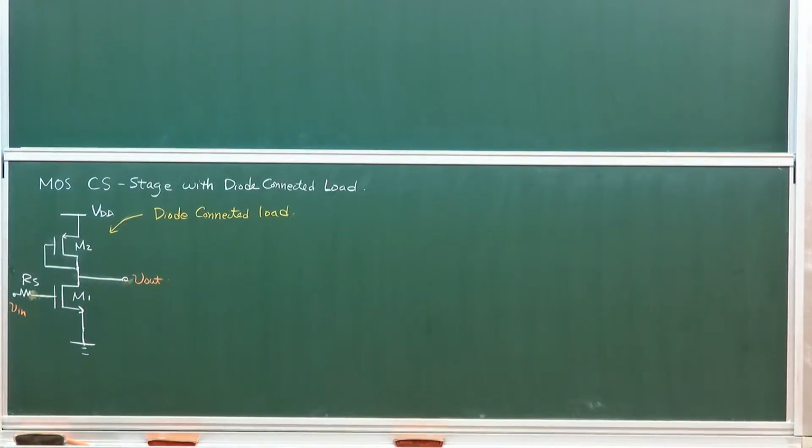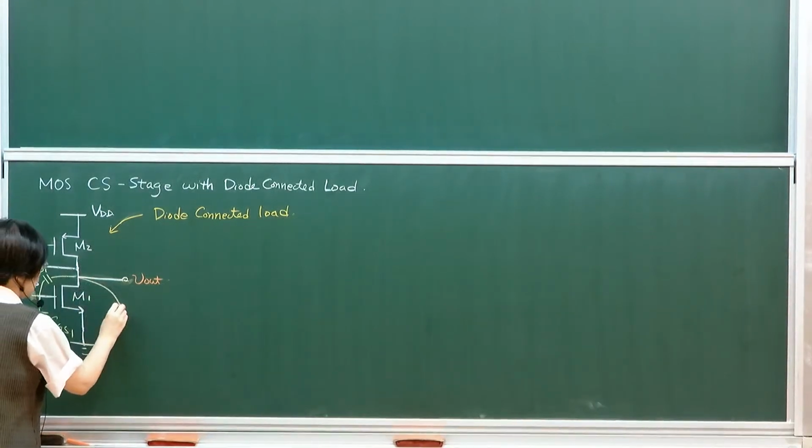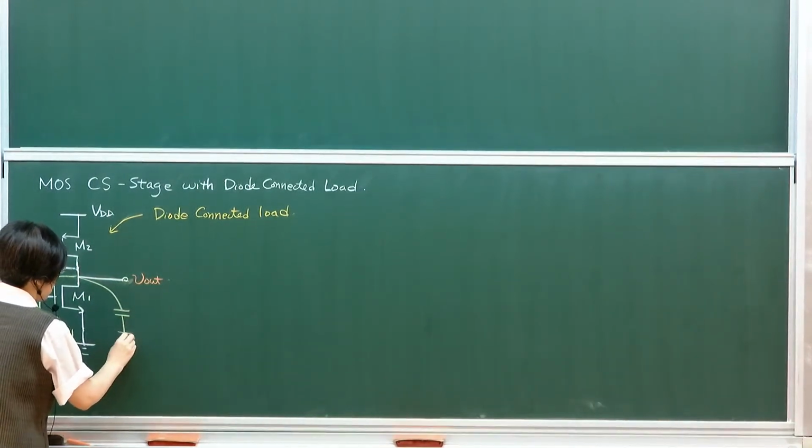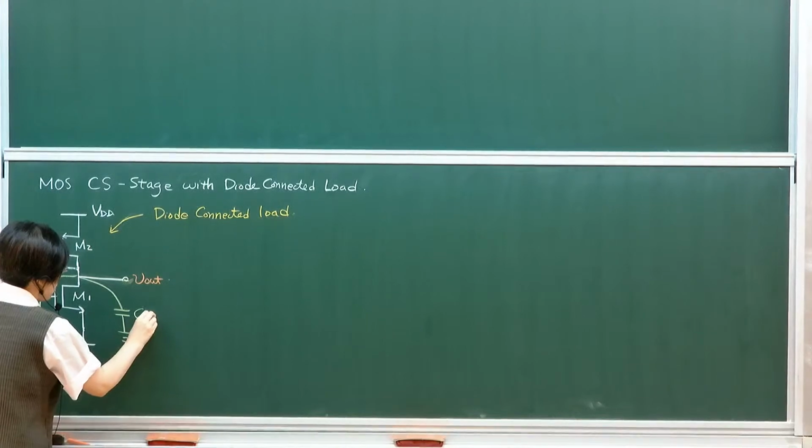For this type of circuit, if I give you the parasitic capacitances, you should first realize where they are. So I have CGS1, CGD1, and CDB1.